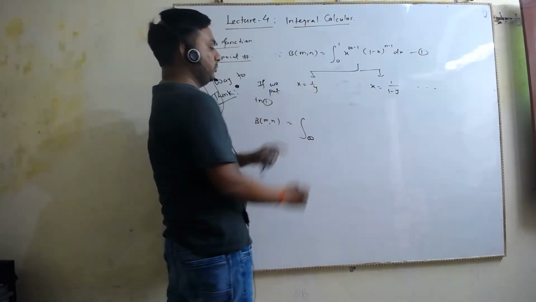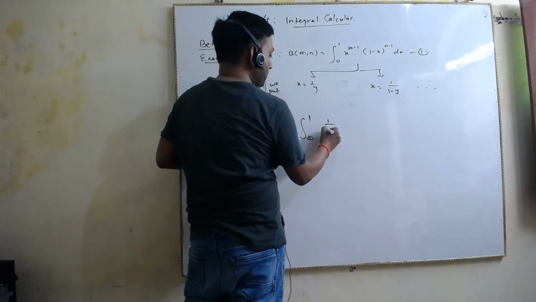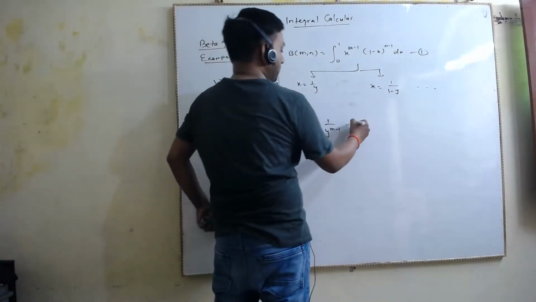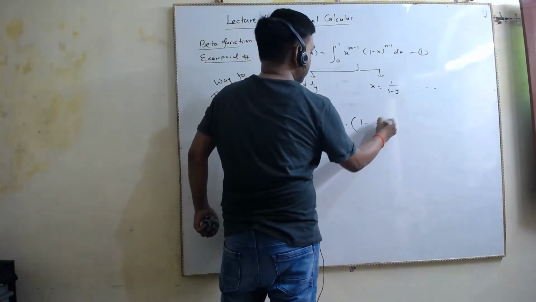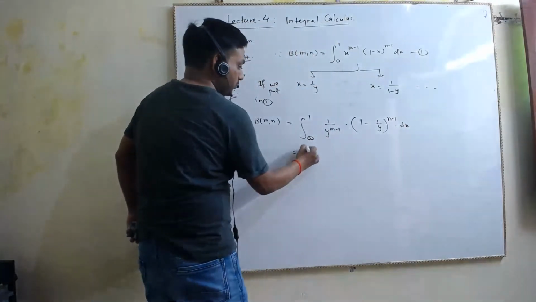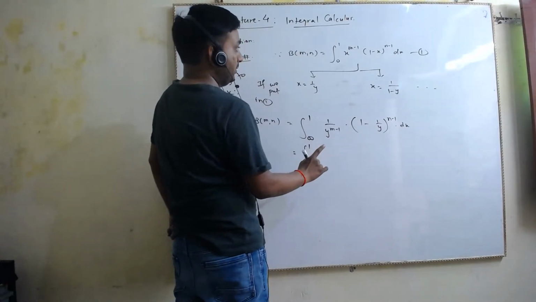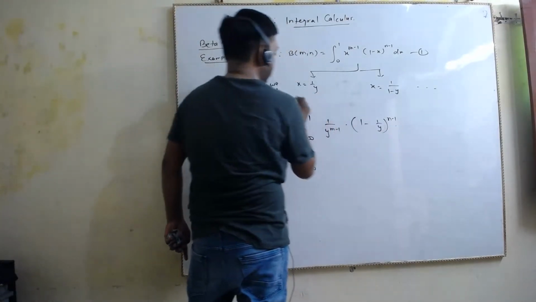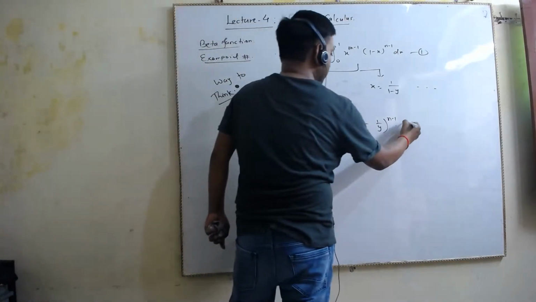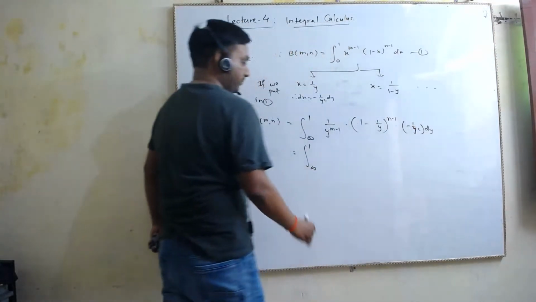The value of x is 1, so y will also be 1, right? x is 1 upon y to the power m minus 1, into 1 minus 1 upon y to the power n minus 1, into dx, right? So that can be written as infinity to 1. Oh, sorry, dx will be minus 1 upon y square dy. So this will be minus 1 upon y square dy, right?